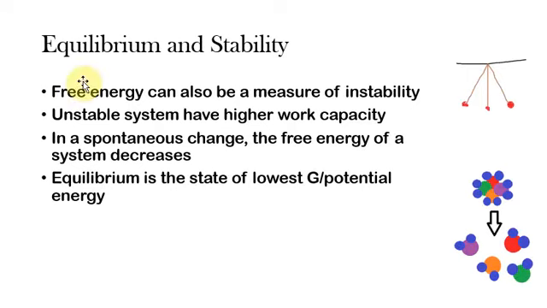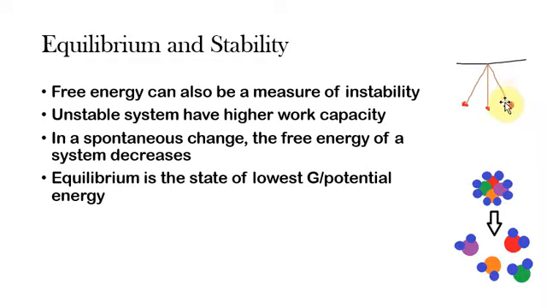Now, equilibrium is an interesting case of a spontaneous process. And while looking at equilibrium, we're also going to look at stability. So another way of thinking about free energy is that it's a measure of the instability of a system. So think of this pendulum example. When the pendulum is up very high, it has a high free energy because it can do work by dropping down because of gravity.